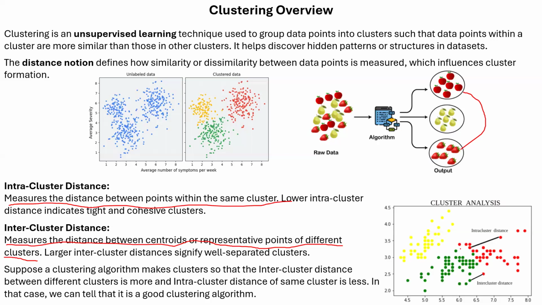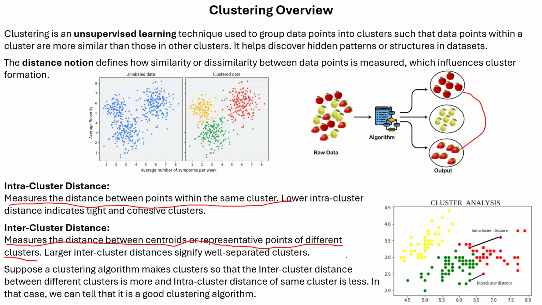And if you measure the distance between the representatives of the clusters, we call that inter-cluster distance. And now the goal of the clustering algorithms is to lower the intra-cluster distance and increase the inter-cluster distances.